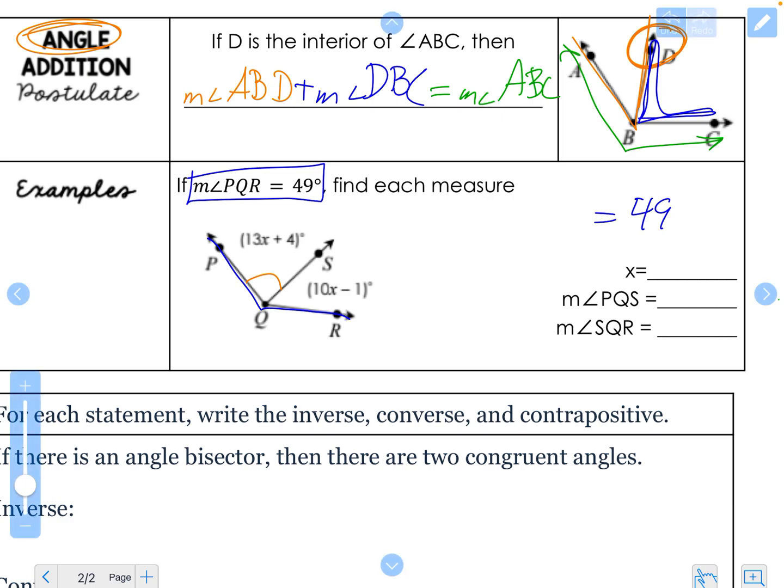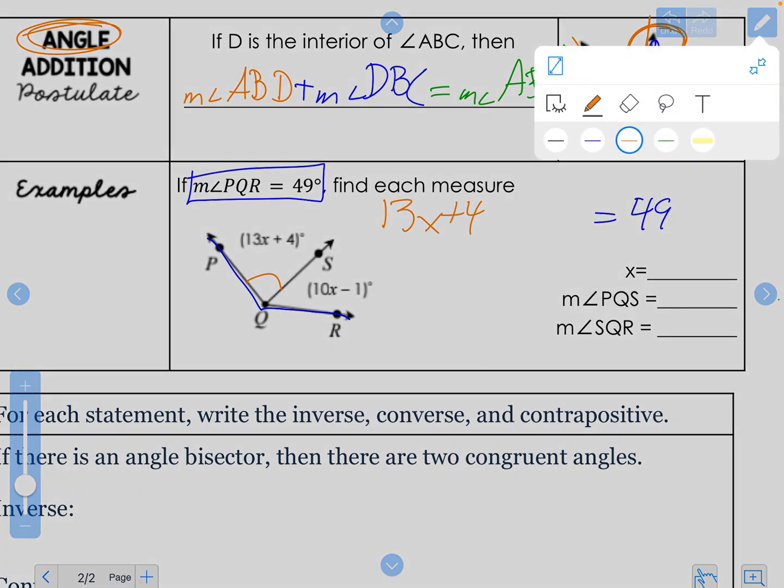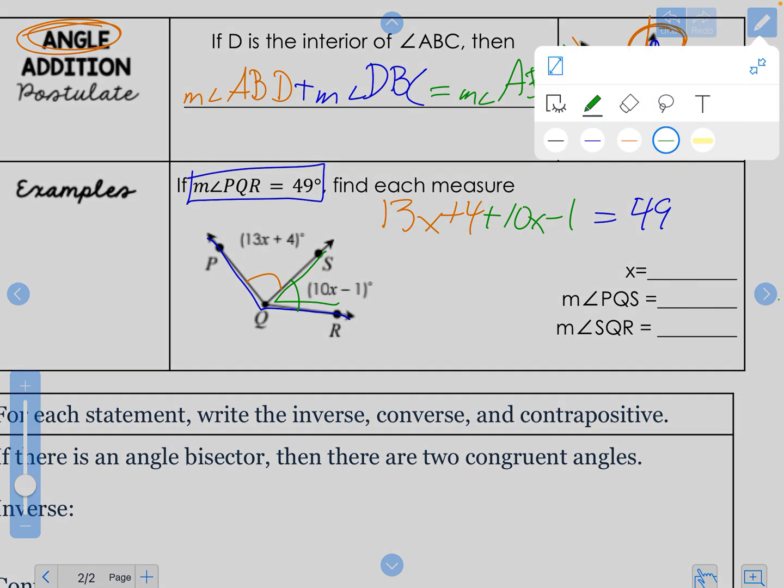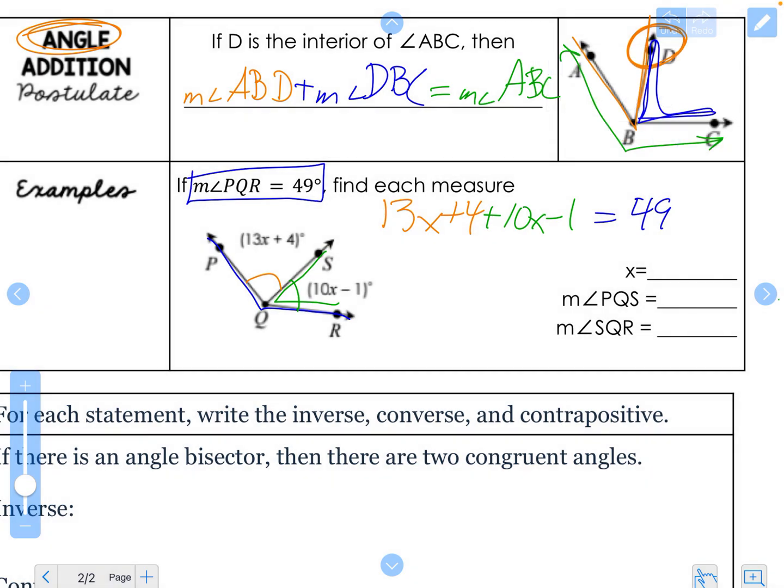Angle PQS is 13x plus 4, and angle SQR is 10x minus 1. Those two parts add up to the whole, which is 49 degrees. Now let's combine like terms. 13x plus 10x gets me 23x. 4 minus 1 gets me 3, which equals 49.